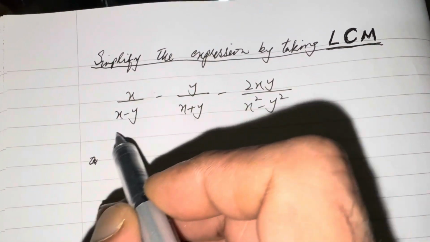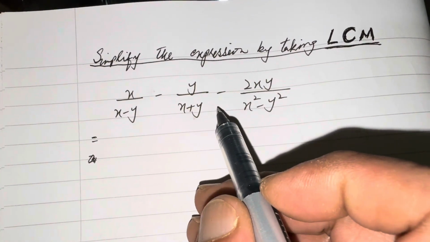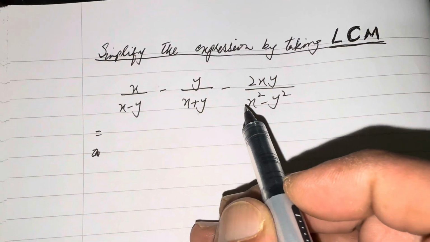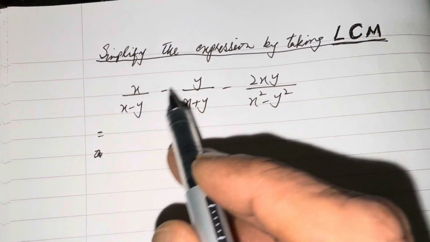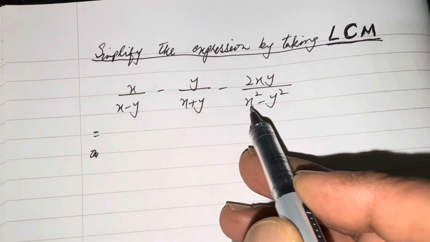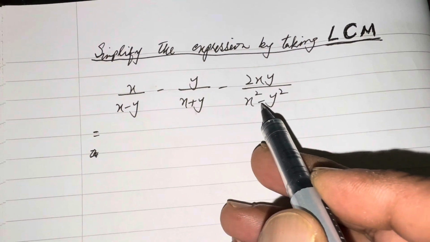So to simplify this kind of expressions, we will use some formulas that we have already studied in our previous videos. If you see, these two expressions are very simple, but the third one is showing you a kind of formula, that x square minus y square.